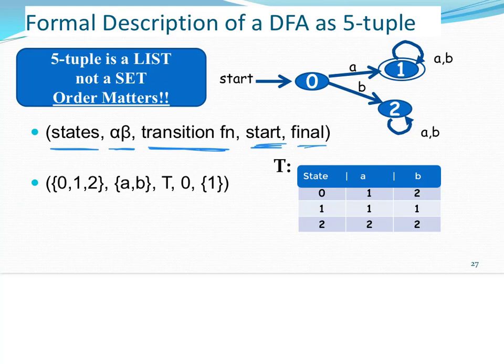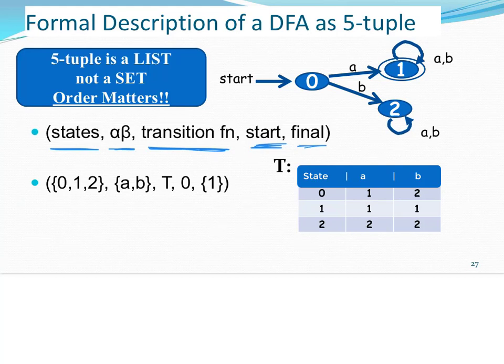The things to the left of the T in the five-tuple are my states and my alphabet, so that kind of helps me remember the order. I have the states, then the alphabet. And on the right-hand side of the transition table in my five-tuple, I have my start state and my set of accept states. And of course, start comes before accept, so that's kind of how I remember the order of these things.